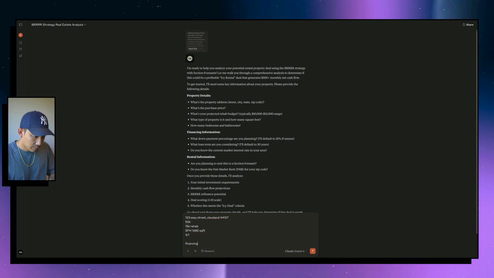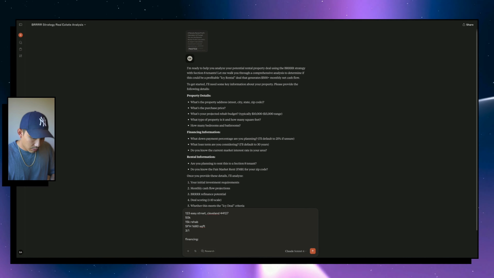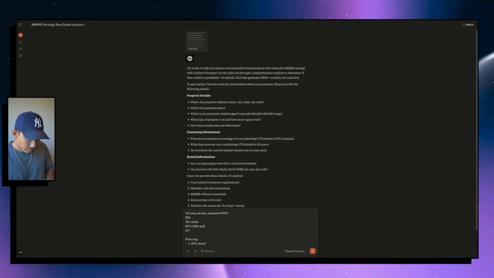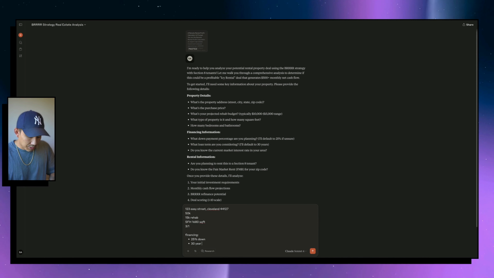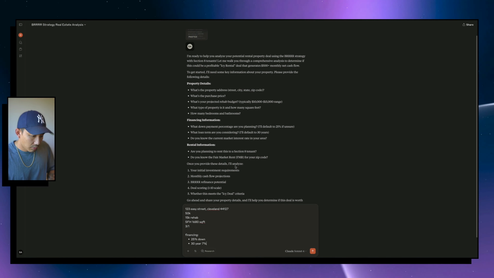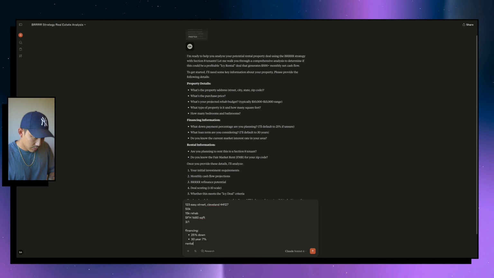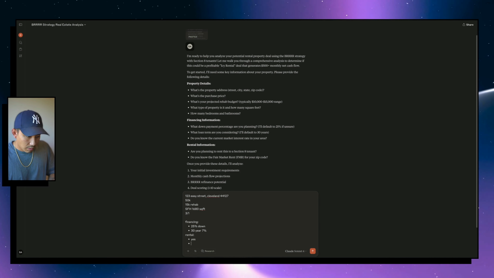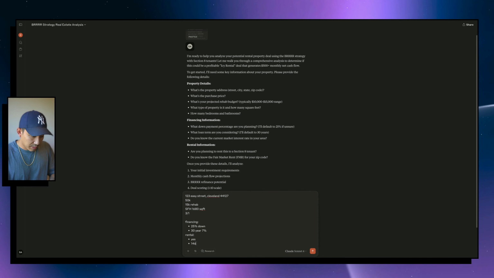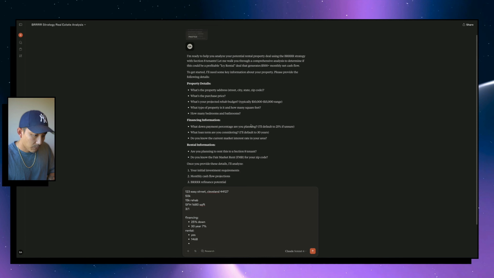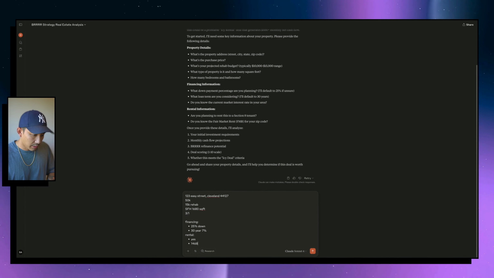Financing. Let's just say 25% down. 30-year, let's just say 7% based on market rates. Rental. Let's just say yes. What am I getting for that one? 1468. And then let's just click enter.